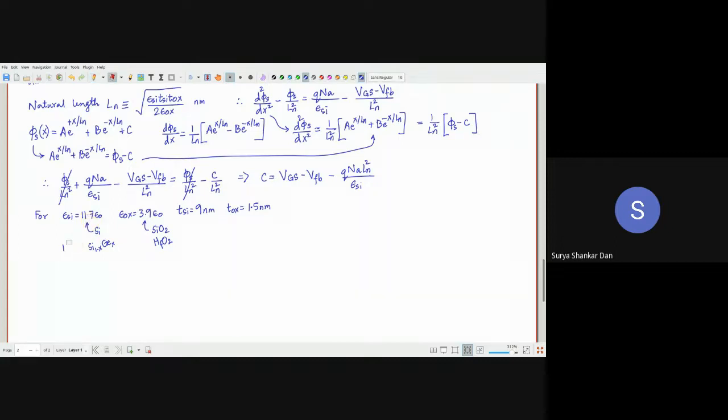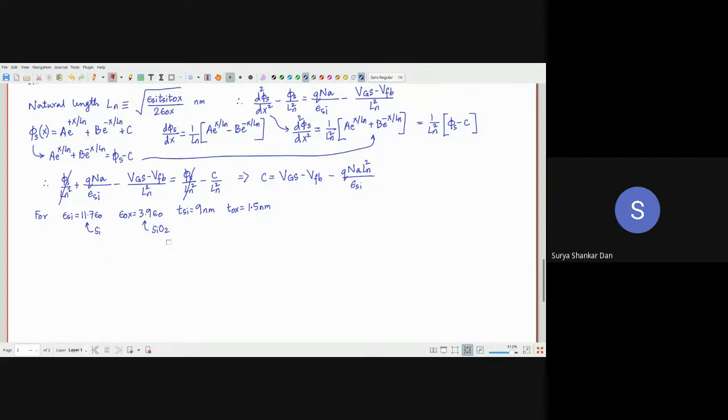Okay, anyways, one thing we have to keep in mind is that the values we are choosing are for pure silicon and pure SiO2, but in modern technology we are using HFO2. For HFO2 this becomes 22, instead of 3.9. So your natural length ln: epsilon Si is going to be larger because we'll be using silicon germanium, but eventually your ln will be reduced even further in modern technology using these materials.